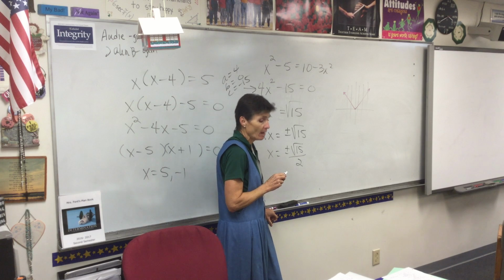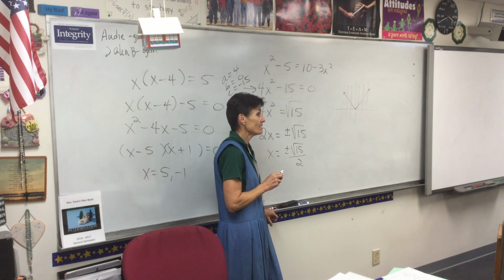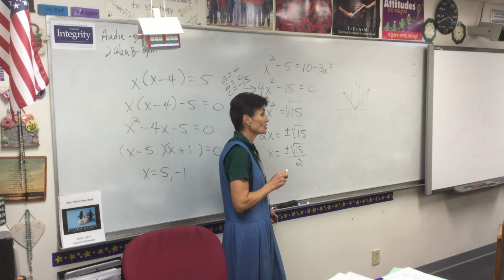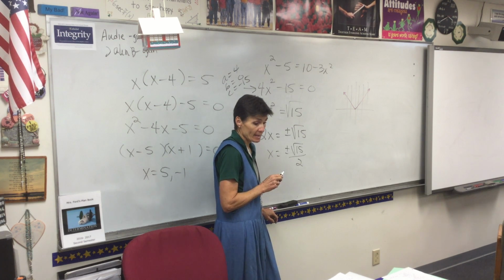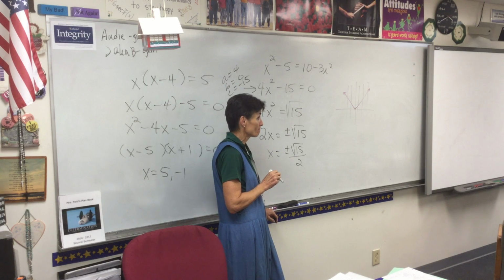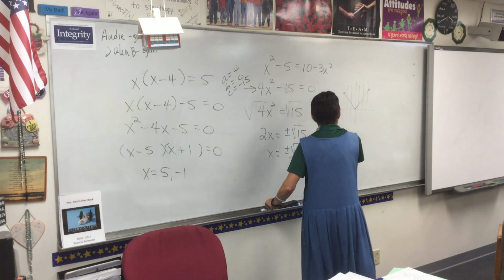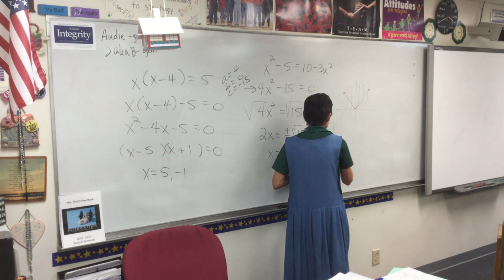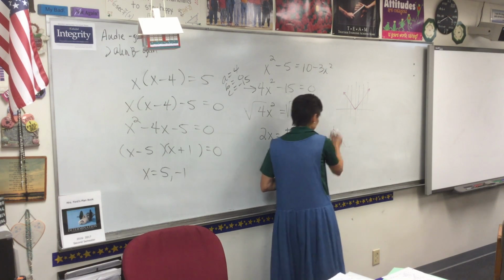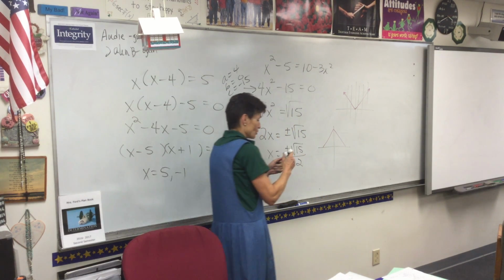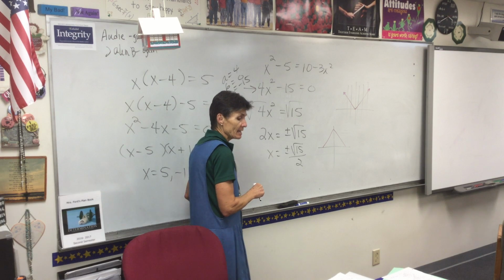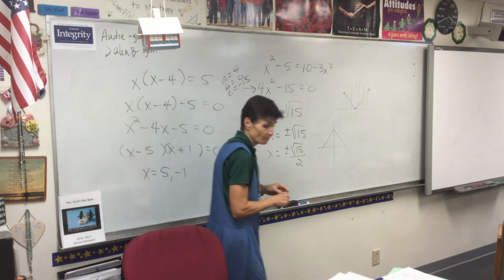So let's look at the rest of them. Are there any others that are functions? C and E. C is a function? Would you agree? Yes. And E is a function? E is not drawn very well, but E is just the upside down V, so it is a function. So A and C and E are functions.